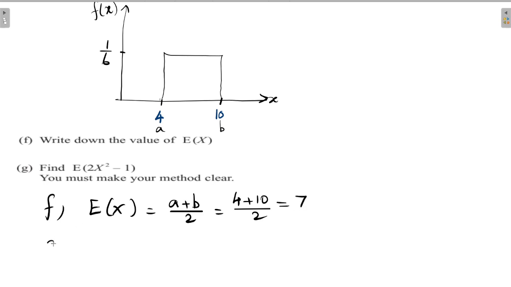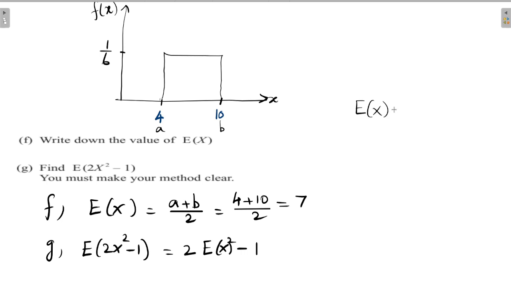Then the next one, part G, is E of (2x square minus 1). The value is 2 into E of x square minus 1. So what is E of x square? By the other method, the expected value of x is the integral from minus infinity to infinity, here over the interval 4 to 10, of x into f of x dx.